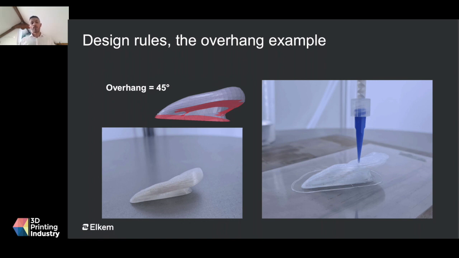When we speak about 3D printing, clearly now we have to take into account how to design the part. Because up to now, the design of the part was mainly based on, I would say, old processes like injection, extrusion, or molding.